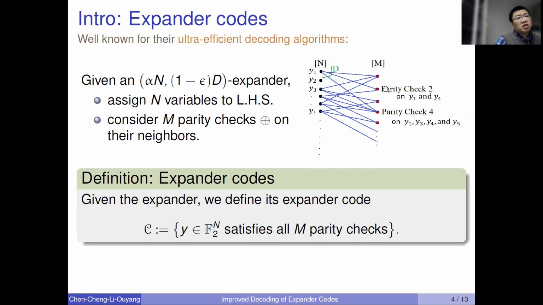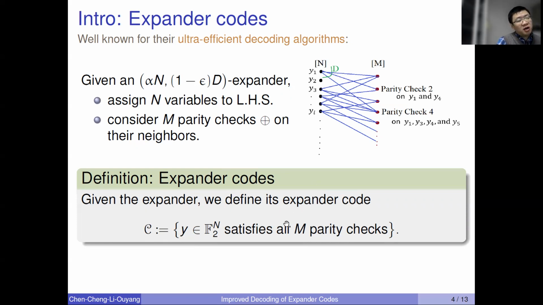For example, the second vertex on the right will be a parity check on y1 and y4. The expander code corresponding to this expander is all binary strings of length n satisfying all parity checks.